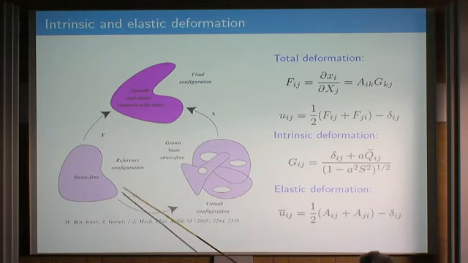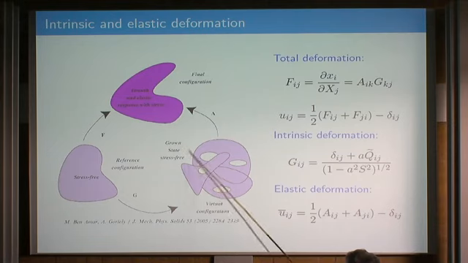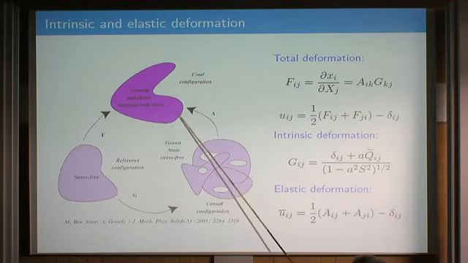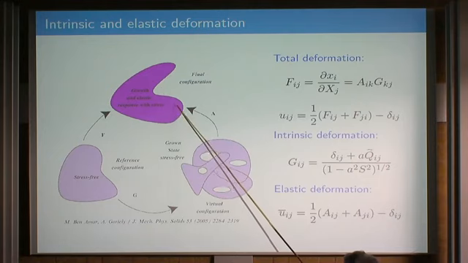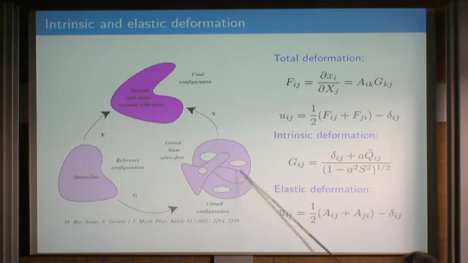So you start with a reference configuration, and then there is a virtual configuration which is grown but stress-free. And then here is the actual configuration. This is drawn in such a fancy way in this paper just because it is a virtual but not a real configuration. But the final configuration is the actual one.